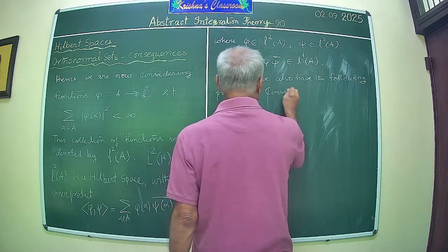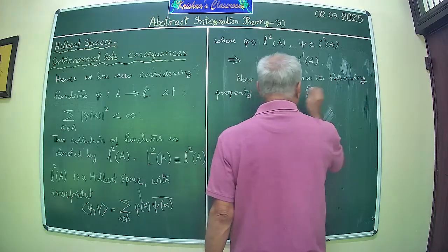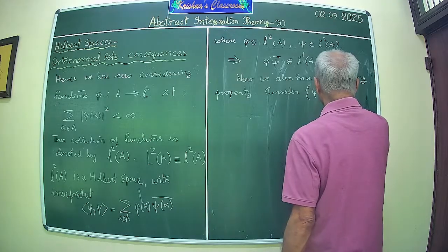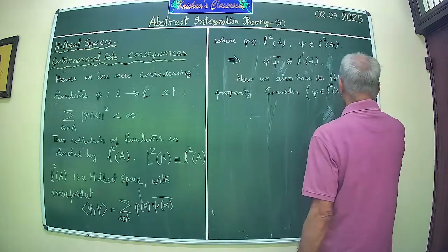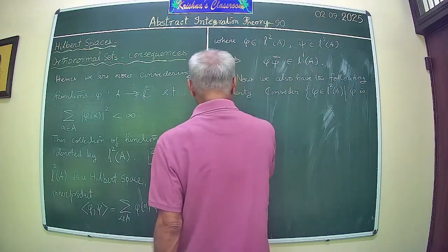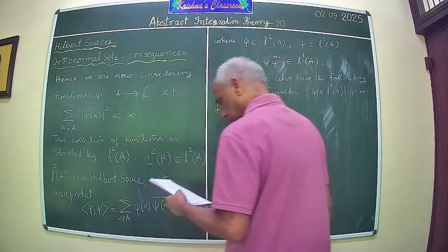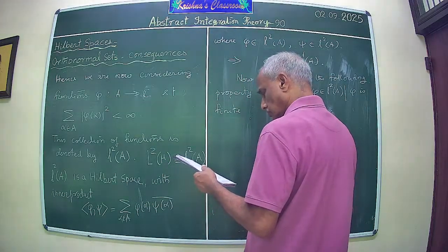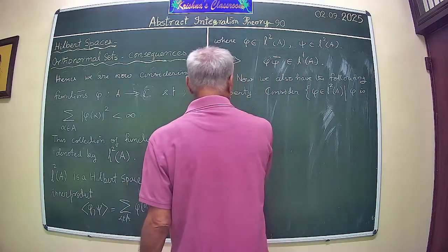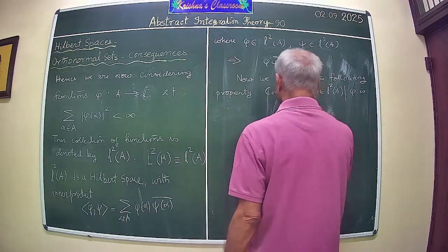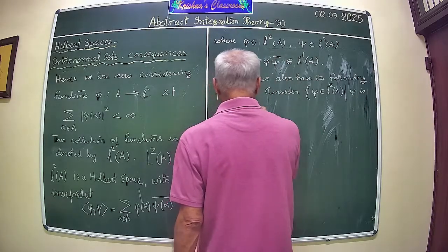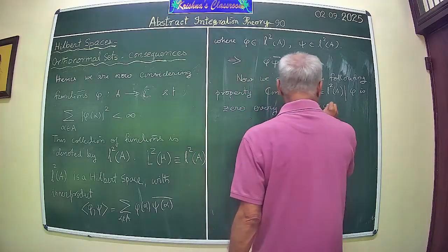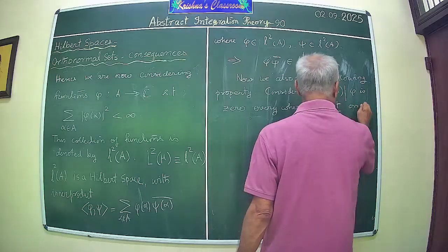Consider all phi in L2 of A such that phi is zero except on a finite set.